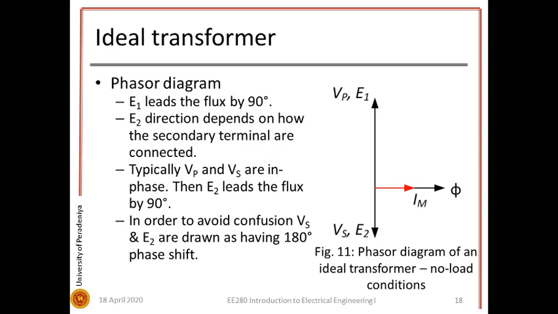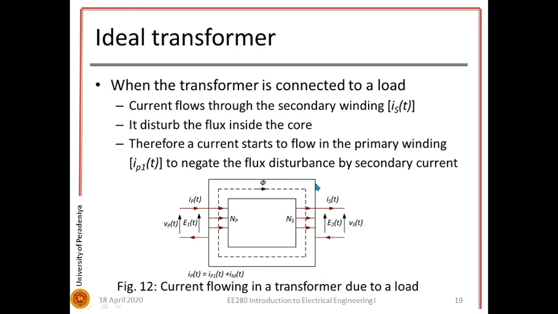But if that is the case and we try to represent it in the same phasor diagram, E2 should be in the same direction, but that would make the visualization difficult. Therefore we draw the E2 phasor 180 degrees from Vp or E1. So E2 and the secondary voltage would be in the same direction.